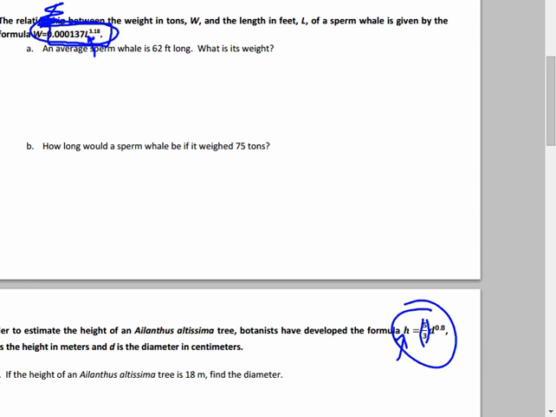If you have a fraction like in number 5, the botanist's question, put that fraction in parentheses. Otherwise, your calculator is going to think you mean 5 divided by 3 times a number when you really mean 5/3. So if you want 5/3, put it in parentheses, then times d, whatever d is. They give you the diameter here, for instance. All right, moving on.